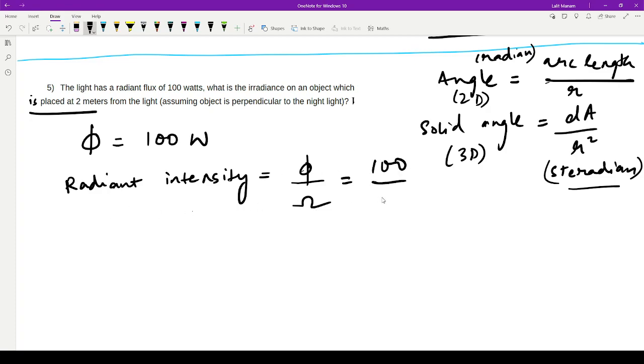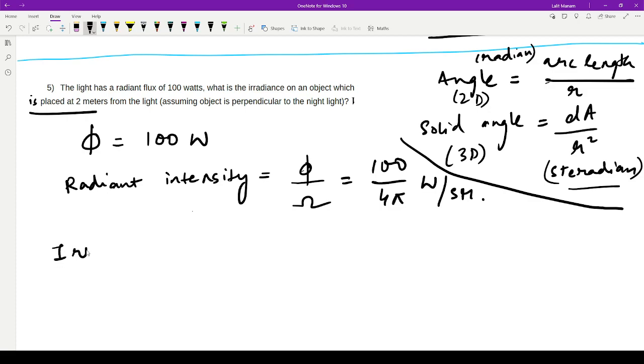So what we have is the radiant intensity as 100 by 4 pi, and units is watt per steradian, right? Is this fine? Yes. So from radiant intensity, how can we get irradiance?